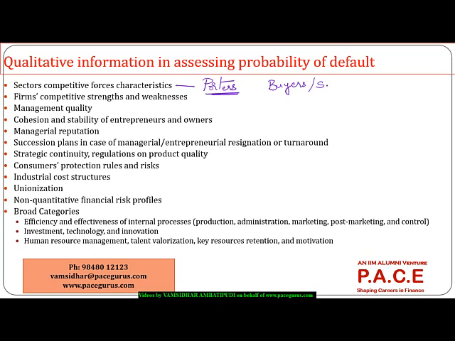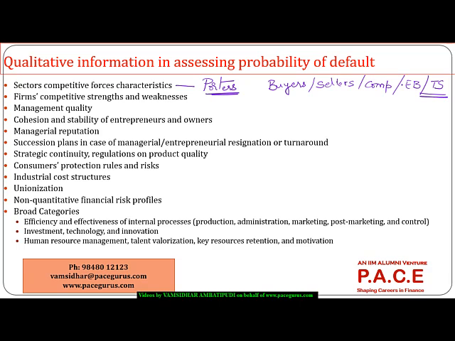What is the kind of sellers' behavior there? Who are the competitors? What is the kind of entry barriers that are there? What is the kind of threat of substitutes in that particular market? So we are looking at the 5 forces of the Porter's model for that particular industry.